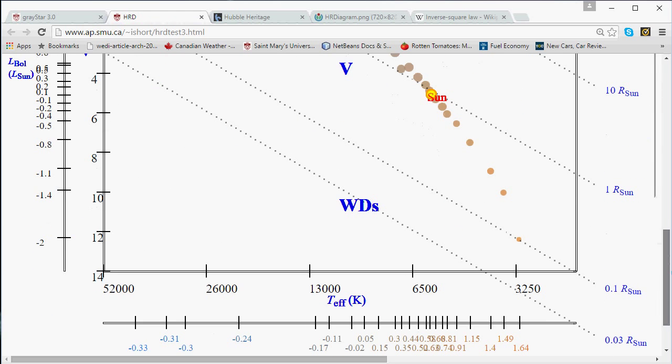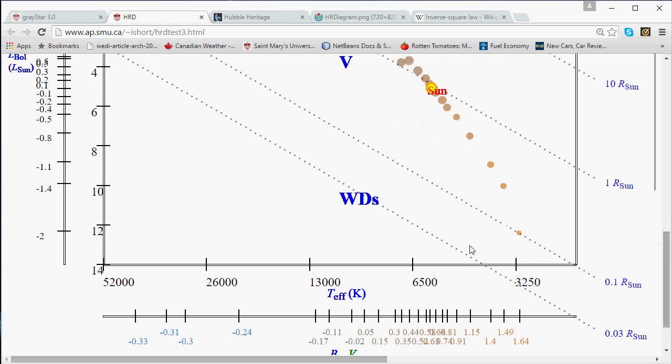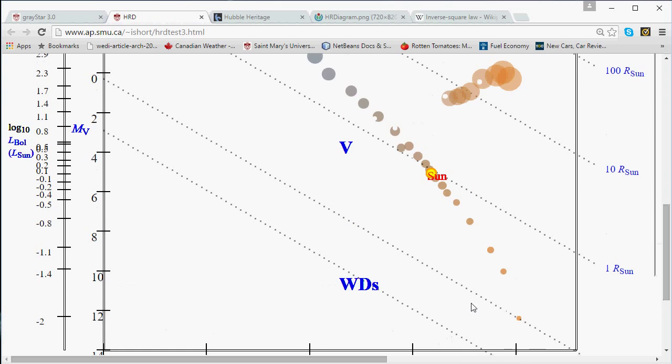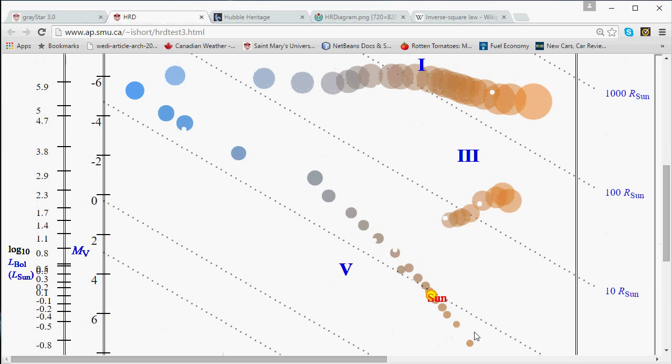And remember, we also know its effective temperature, where it belongs along this horizontal axis. So all we have to do is trace up along a vertical line until we come to the group that we think the star belongs in, 5, 3, or 1, based on the width of its spectral lines. And that allows us to place the star in the HR diagram at least approximately. So let's say it has spectral lines of intermediate width, and let's say we've placed it in luminosity class 3 here.